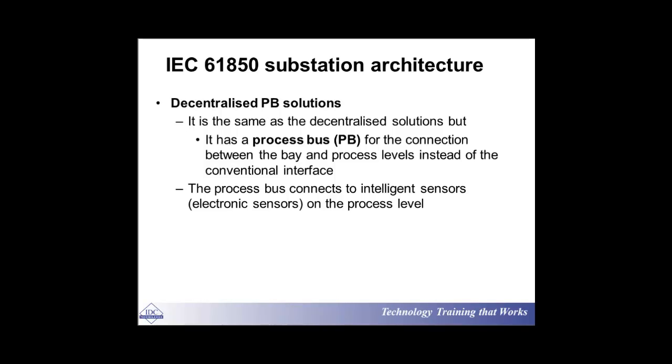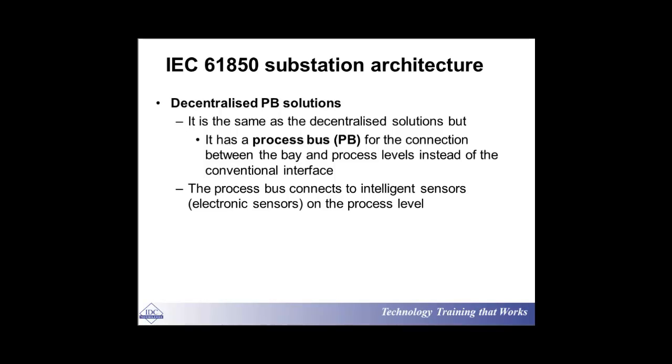It is the same as the decentralized solutions, but it has a process bus for the connection between the bay and process levels instead of the conventional interface. See, you have another bus between the two. The process bus connects to intelligent sensors, like electronic sensors, on the process level.